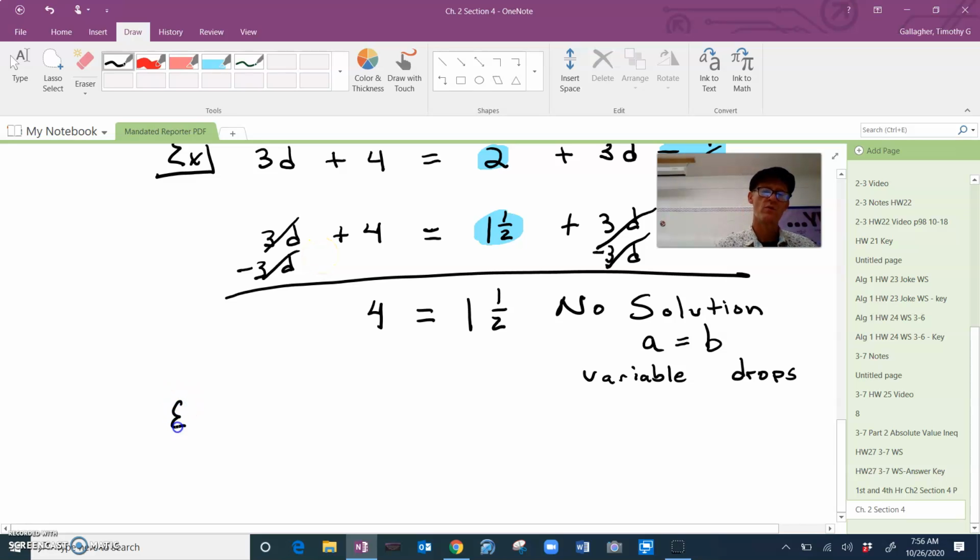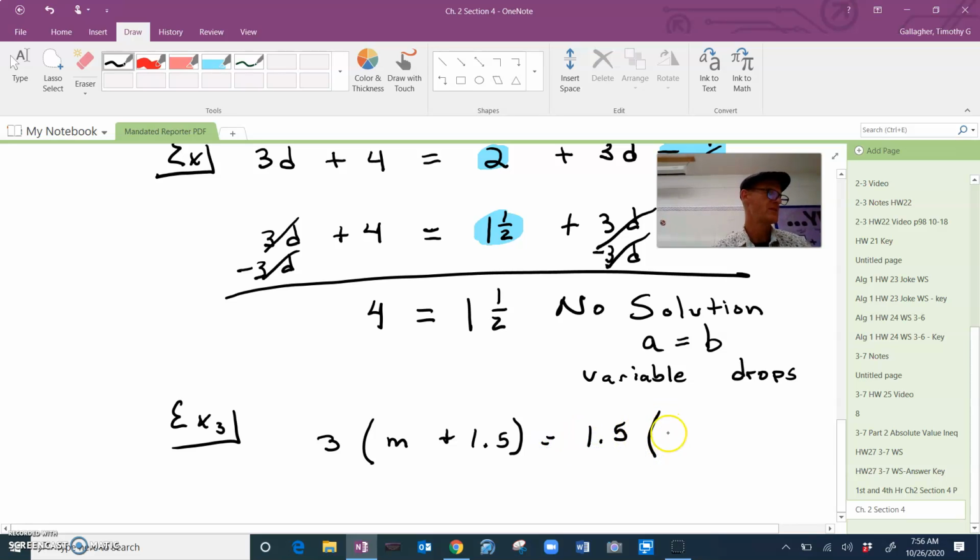We'll do one more example, where you'll see equals for equals. So we're going to get another special case. It looks like this: 3 times (m plus 1.5) equals 1.5 times (2m plus 3).